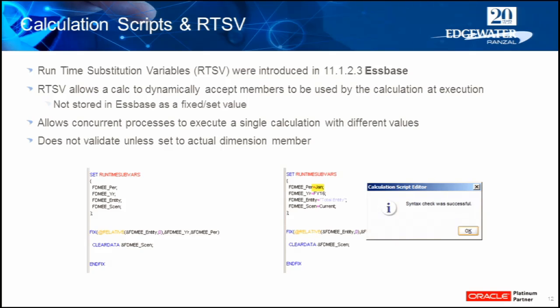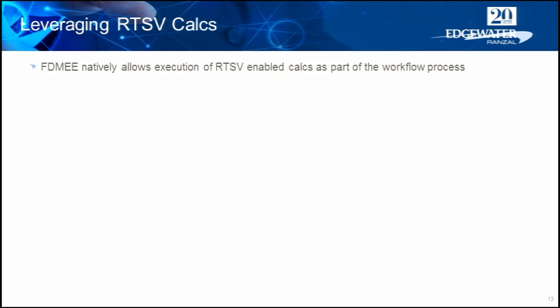It will not validate the syntax on the left-hand side when you try to validate the calc script. In order to validate the rest of your calc, you simply set your runtime substitution variable equal to an actual value in the outline, and then validate. You get your validation, and then set it back to what it is on the left there. Powerful stuff here.